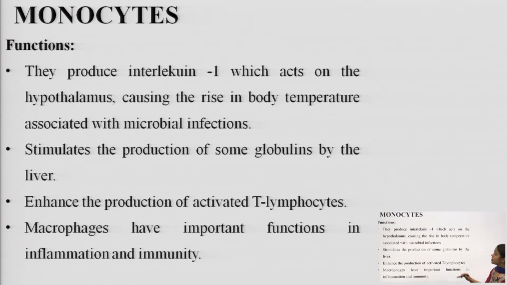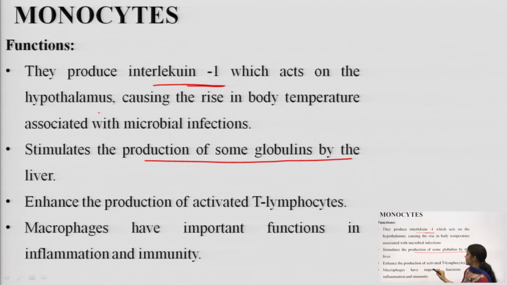Now, the functions of monocytes. They produce interleukin-1, which acts on the hypothalamus and causes the rise in body temperature associated with microbial infections. They also stimulate the production of some globulins by the liver. They also enhance the production of activated T lymphocytes.